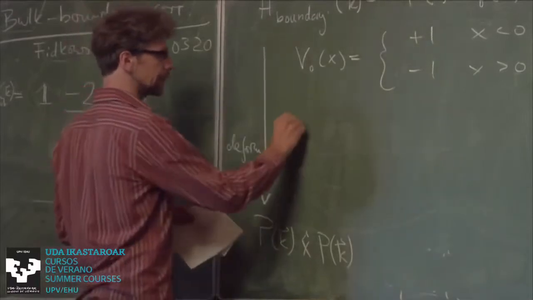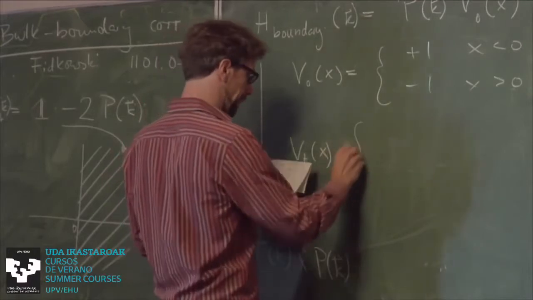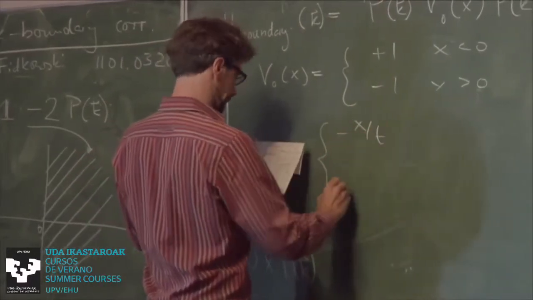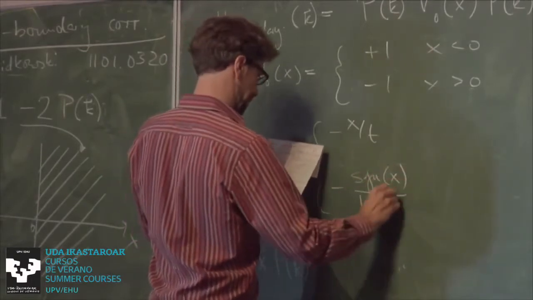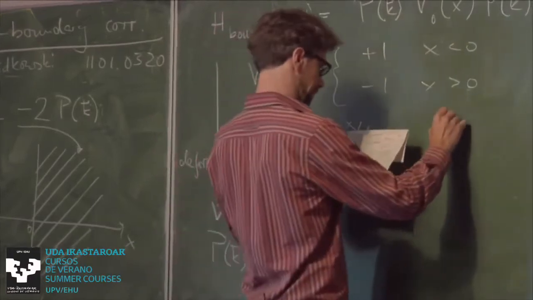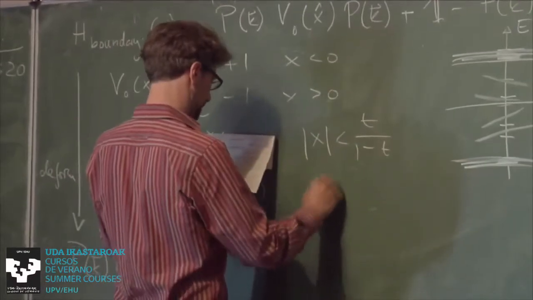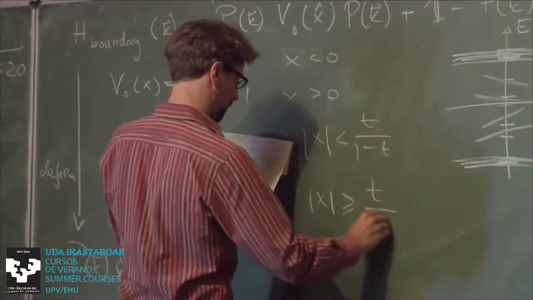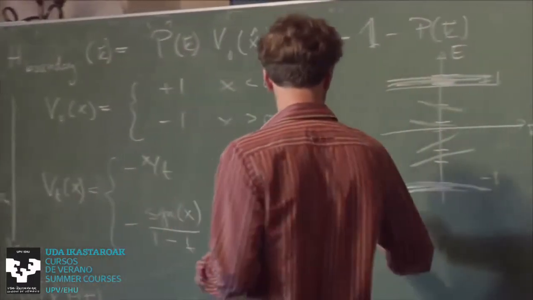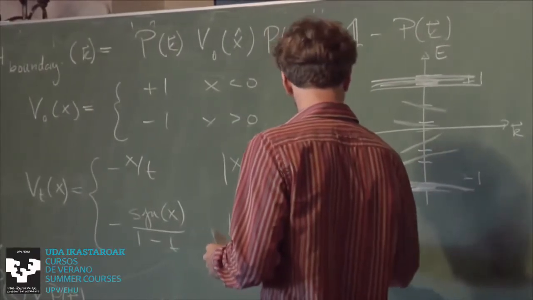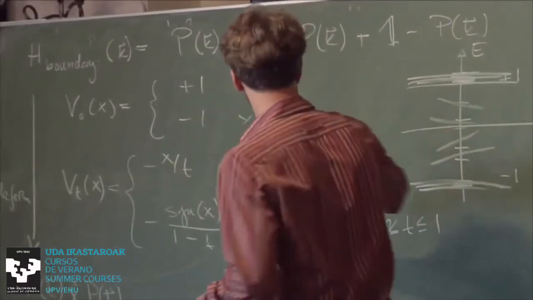And one way to do that, for example, is, very explicitly, if I choose this potential to be something like this, and I parameterize it now by T, and I let this T run between 0 and 1. So basically what you see is that here it's a step function, right?